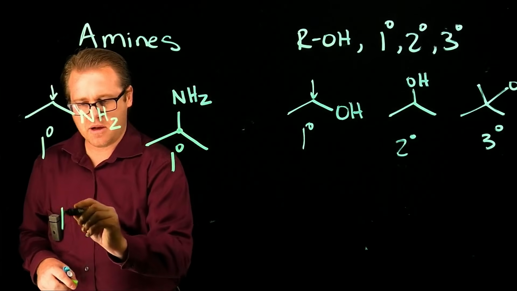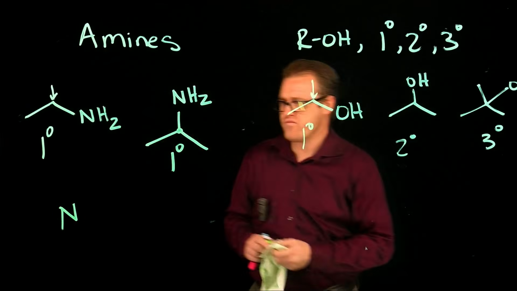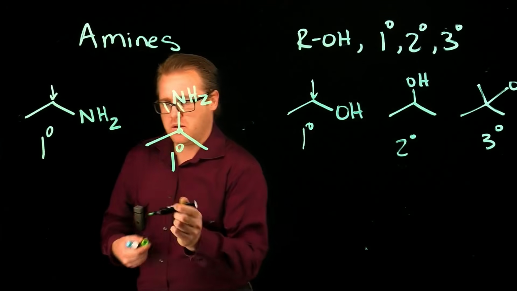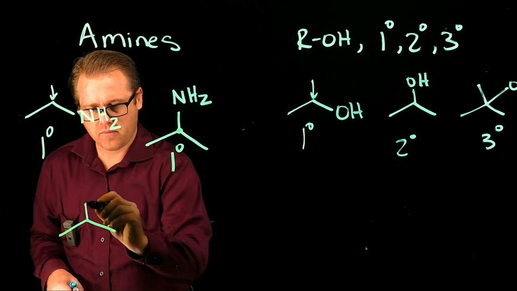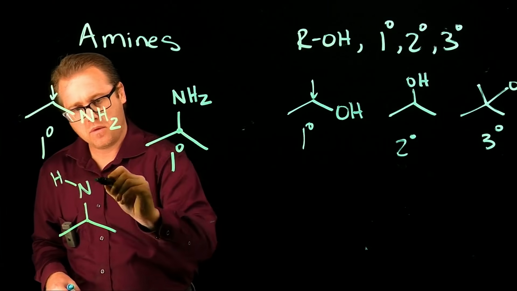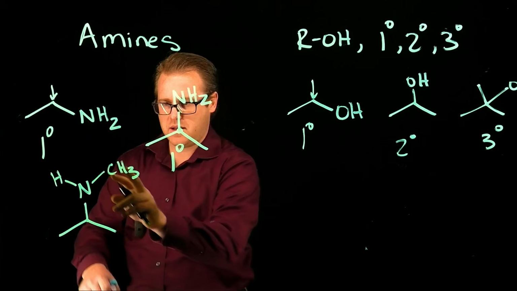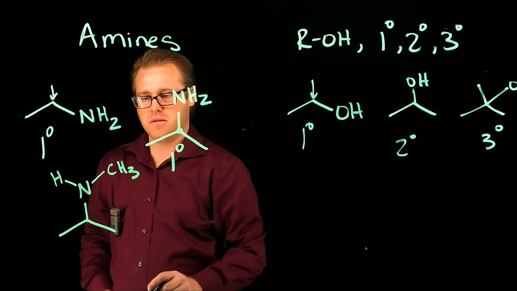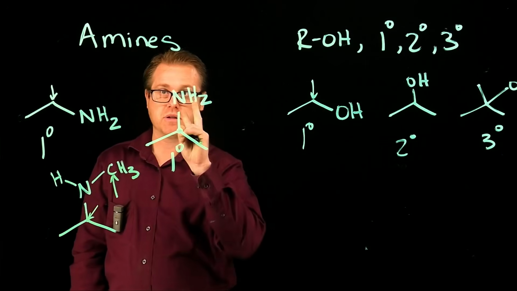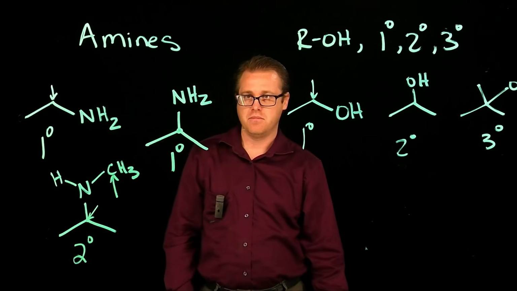Let's draw it this way here. Okay. What is the degree of this amine? Well, there's this carbon directly attached and that one. 2, so that makes that a secondary amine.